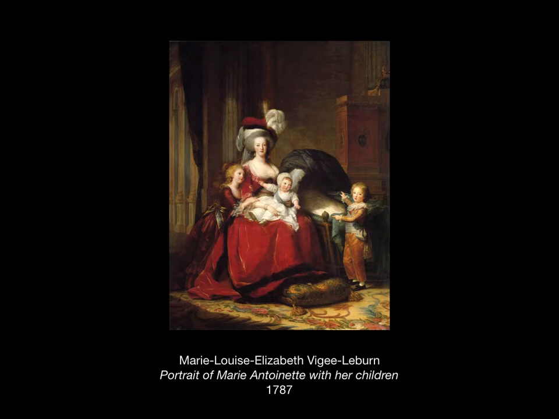Rococo was associated with the wealthy and the lavishing, and she didn't want to have any part of that when she's trying to relate to her people, showing herself not as a ruler, but as a mother. This was also associated with Jean-Jacques Rousseau's philosophy, who was a famous philosopher of the time, who believed that women should be tending to the home and the children while the men govern.